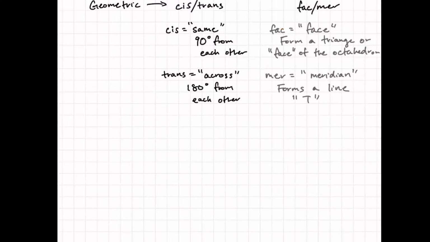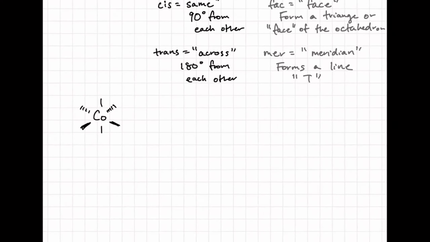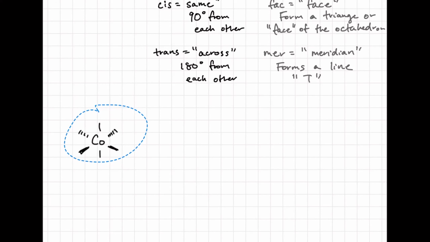And so let's draw some isomers. I like to draw mine like this, but of course, if you like to draw yours a different way, be sure you don't confuse yourself. So if I'm drawing it this way and you draw it a different way, try your best to follow along.